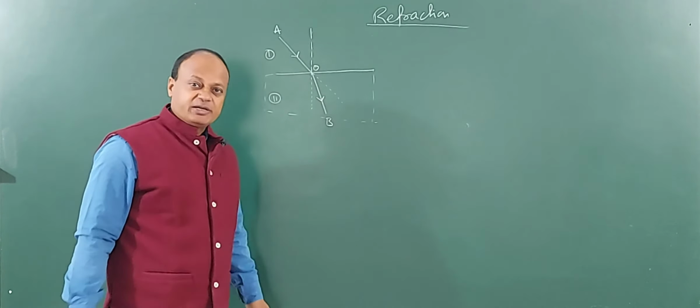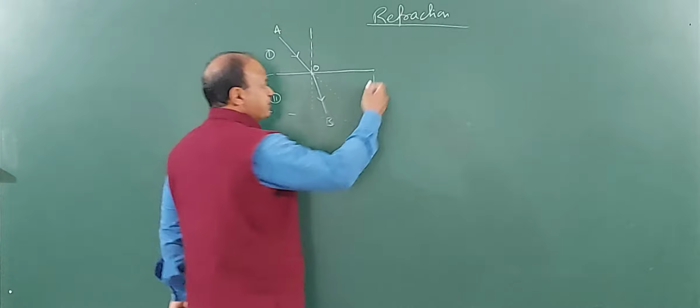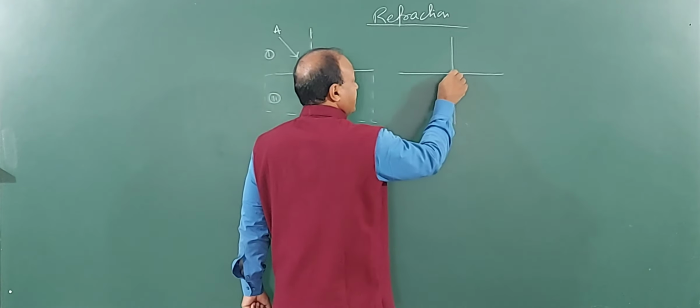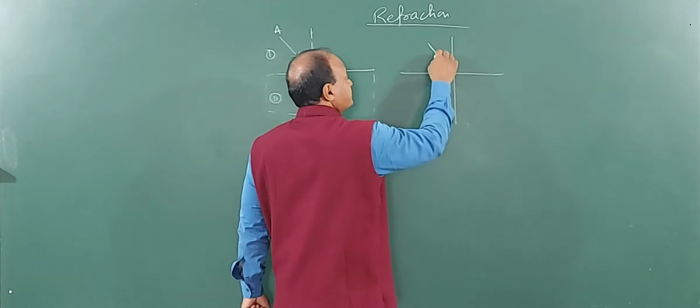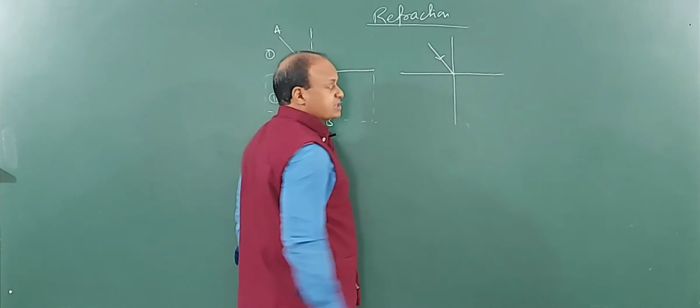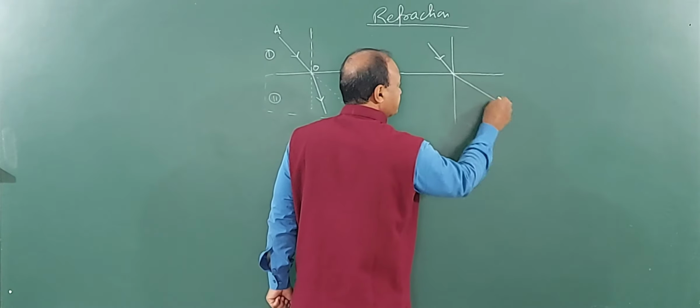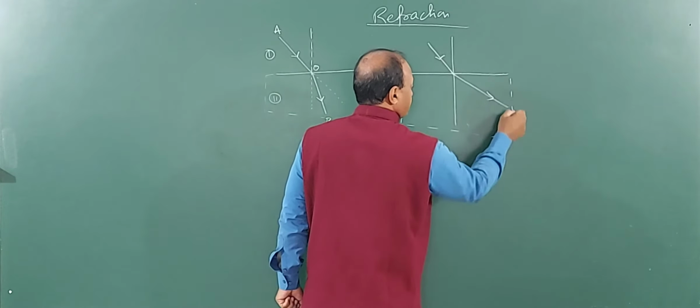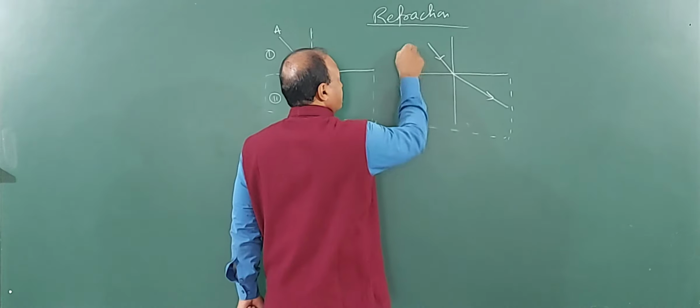You can see that the ray in the second medium, after undergoing refraction, is bent towards the normal. Now what is the other possibility? The other possibility is that this ray, instead of bending towards, is bending away. This is medium 2 and this is medium 1.